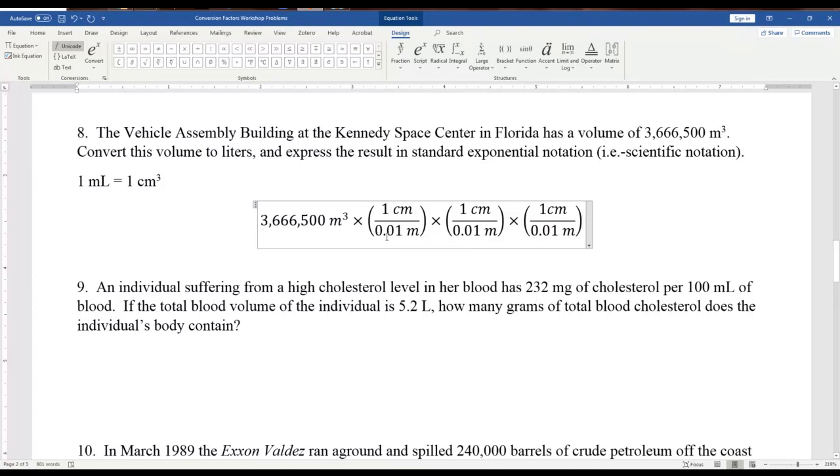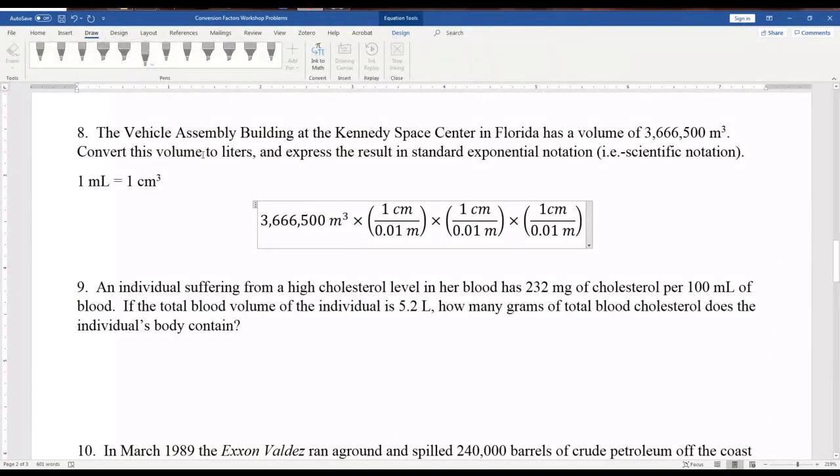Now I have centimeters cubed, because just like in algebra, meters times meters times meters gives you meters cubed. You multiply and divide units just like you would variables. So meters cubed cancels out with meters cubed, and I can cancel that out.